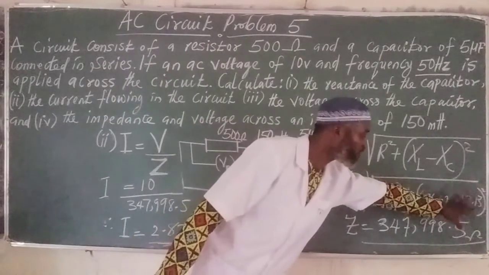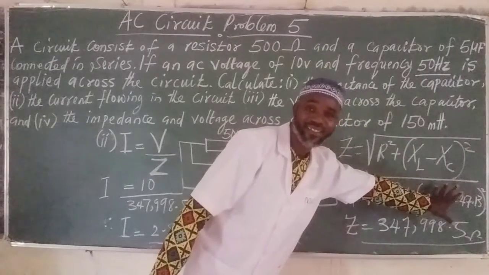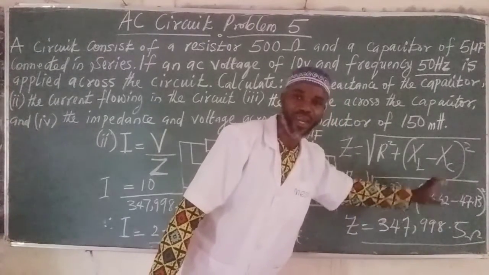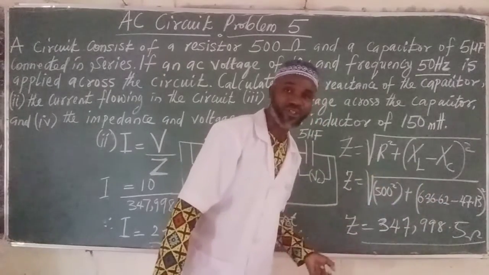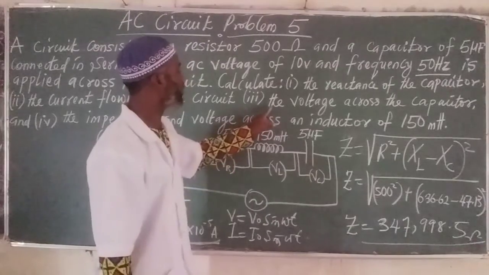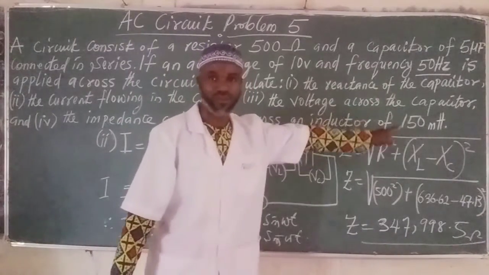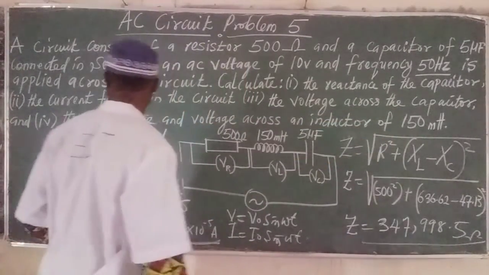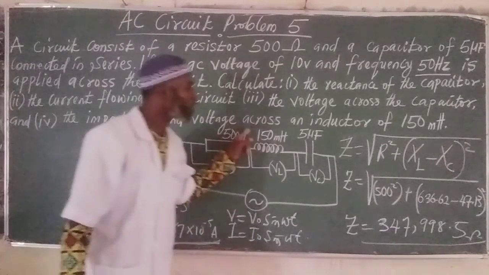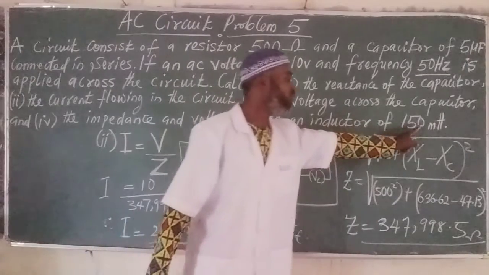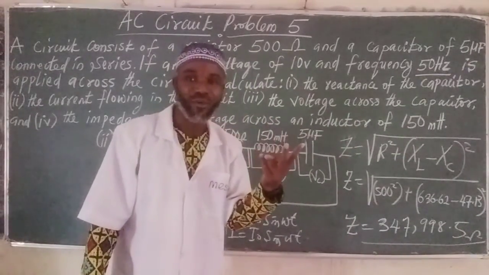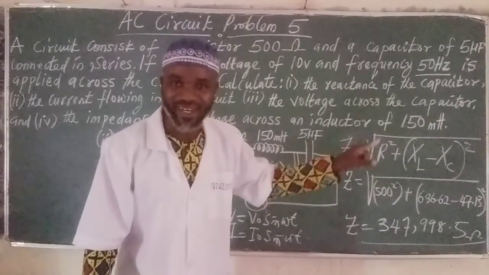The reactance of the inductor is 47.13. So in my next class, take notes. We're going to find the voltage across the capacitor and the voltage across an inductor of this value, which is this. So these are the two things we are going to resolve in my next class.